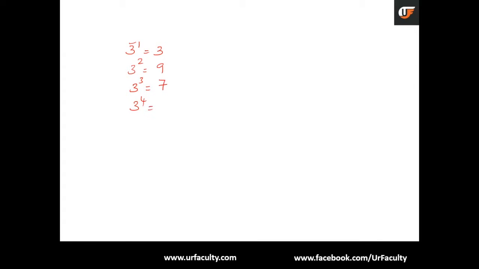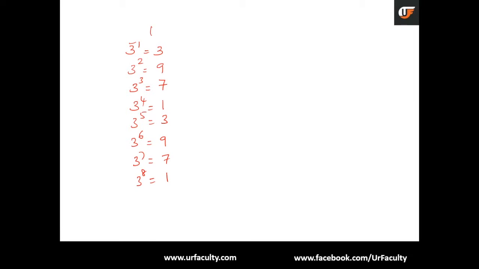Power of 4: 7 threes are 21, so 1. Power of 5: 1 into 3 is 3. Power of 6 is 9. Power of 7 is 7, and then 1.